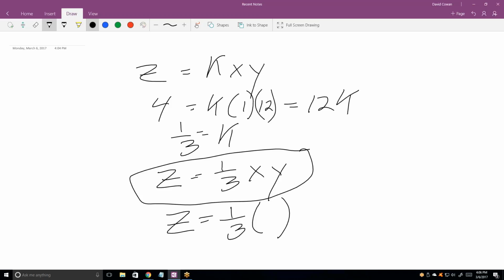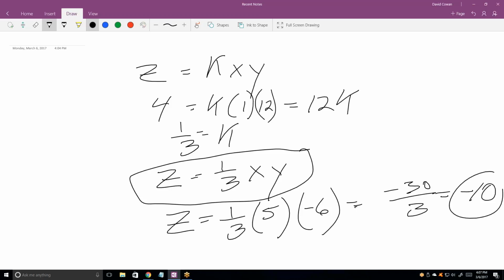Plug it in. I prefer plugging it in than having you do 2 or 3 steps at once. Just because I can follow what you're doing. Yeah, if you jump ahead of me, I can't tell really where you've jumped to. And that is -30/3, which is -10. So that's the answer.